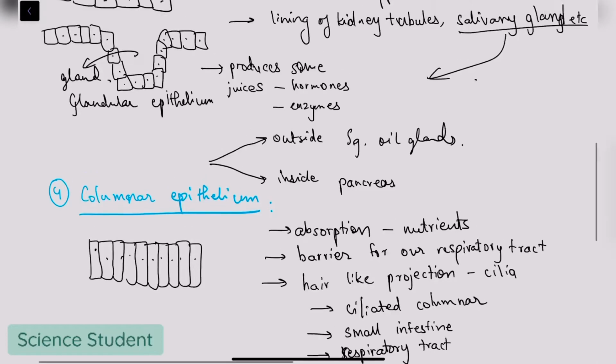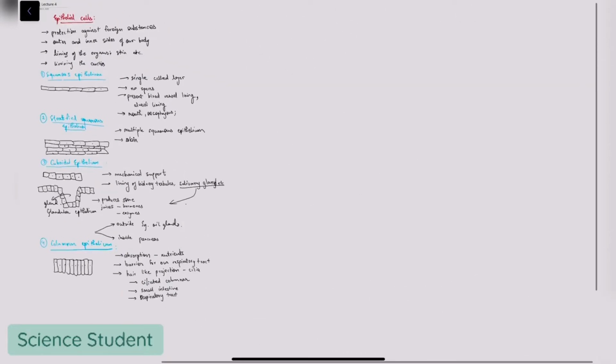So let's revise again. There are four types of epithelial tissues: squamous, stratified squamous, cuboidal, and columnar. There is one more type of columnar, called ciliated columnar tissue, which has hair-like projections called cilia.